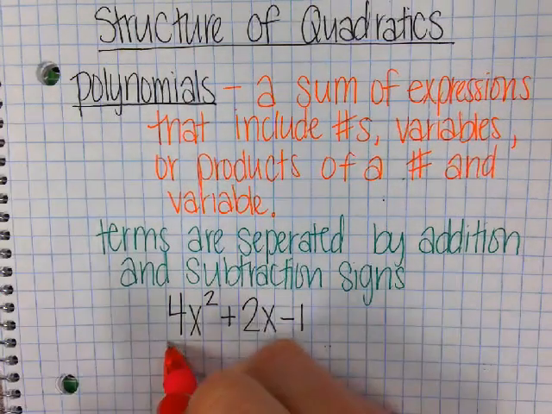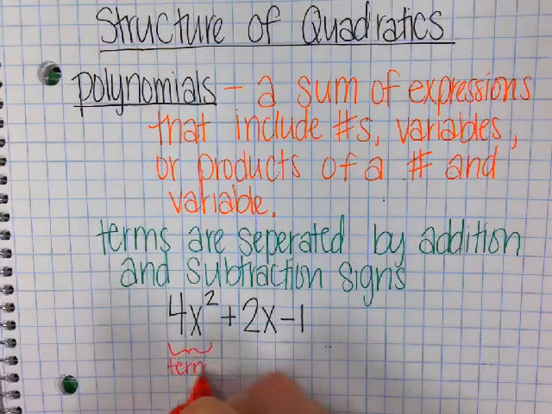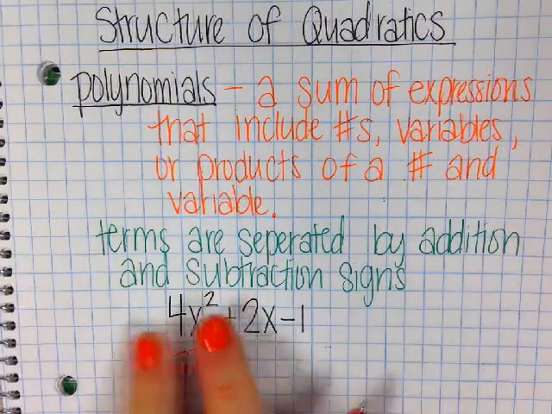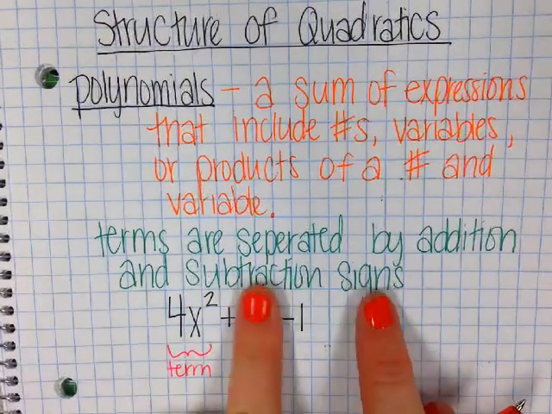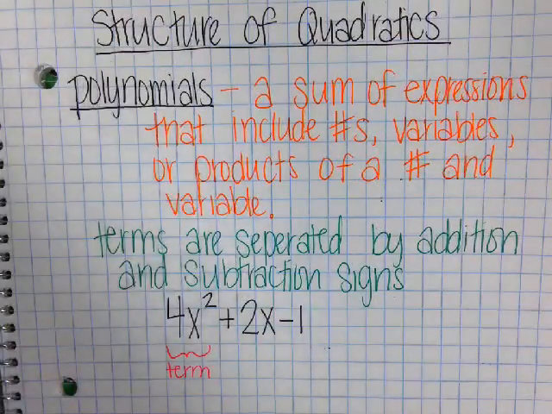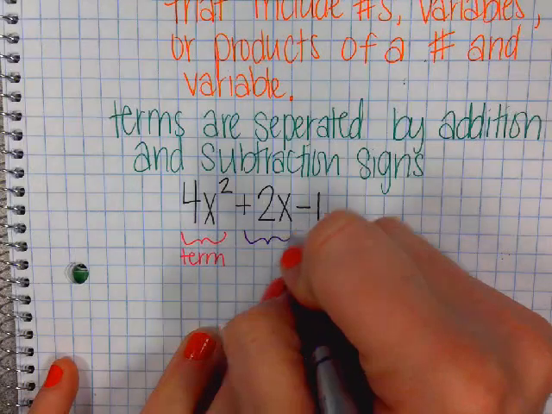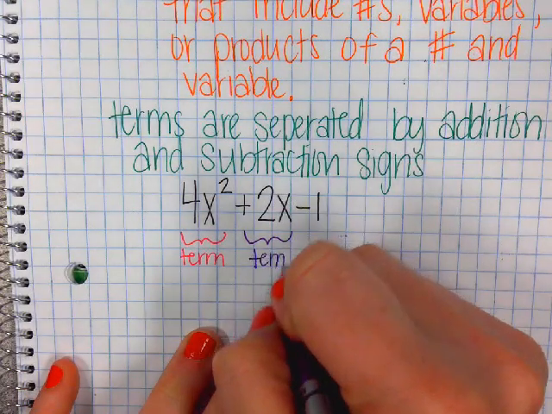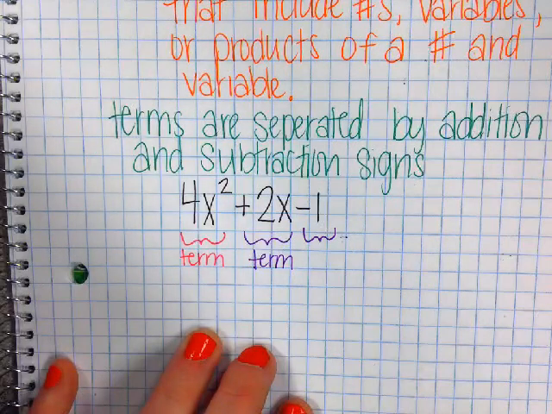Okay, so this 4x squared right here, that is a term. So this is a term, this is a term, and that's a term. Notice they're all separated by addition and subtraction signs.